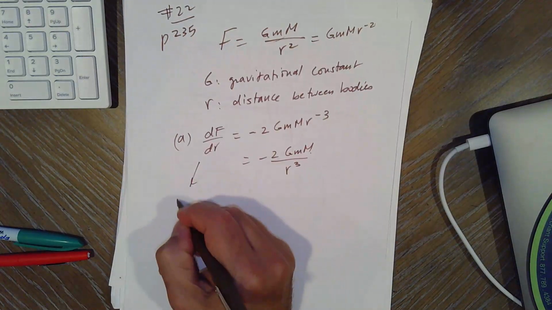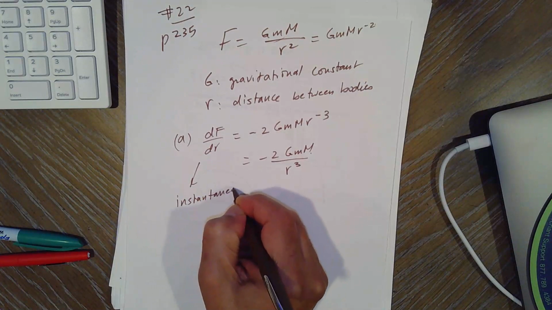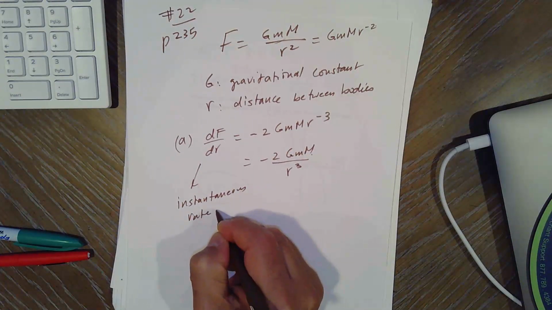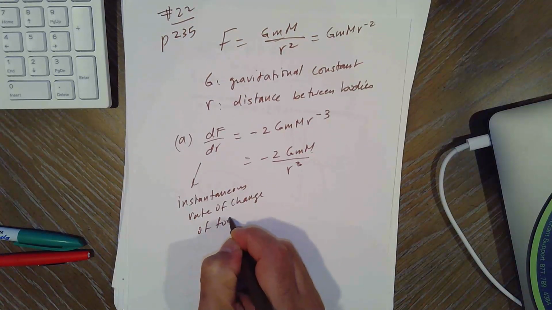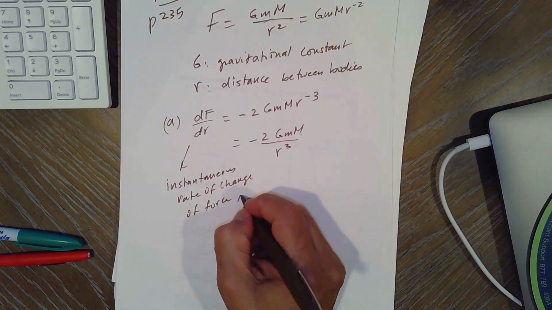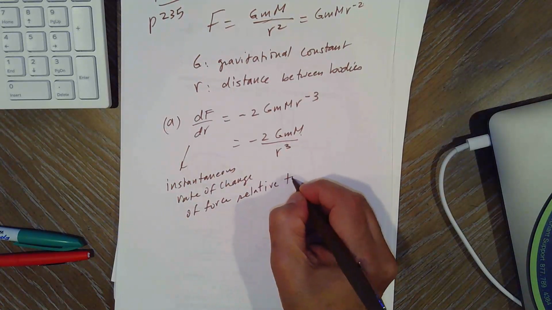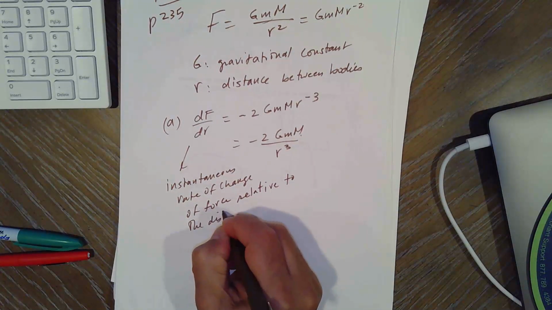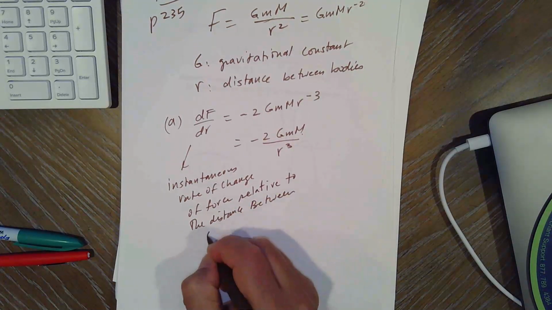So this is the instantaneous rate of change of the force relative to r, the distance between the two bodies.